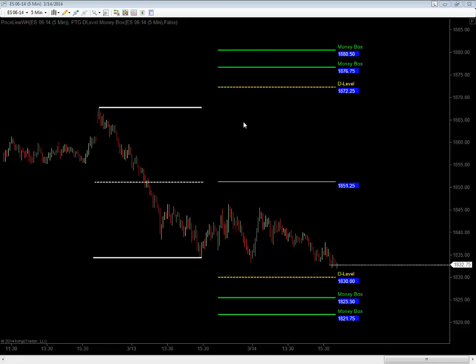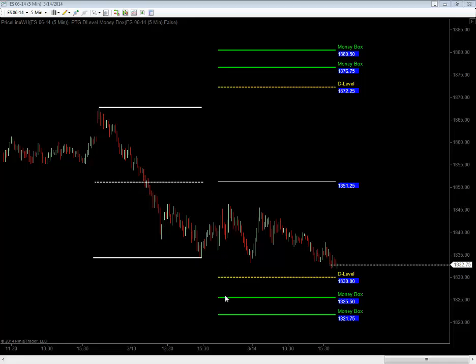Okay, so this chart is a 5-minute day session chart of the S&P E-mini futures. On the left-hand side, these white lines are the prior day's high, prior day's low, and the prior day's midpoint.